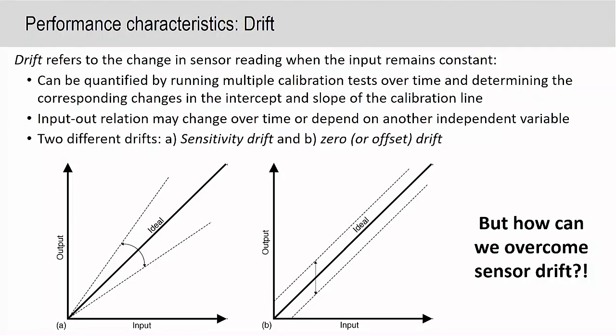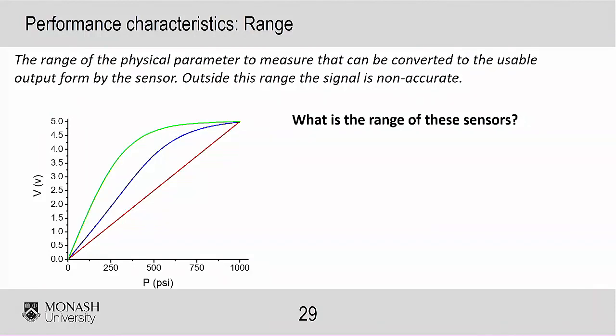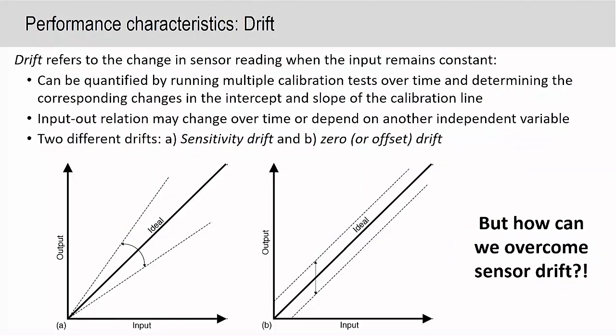To find out that time-varying transfer function, you have to calibrate it over time, and then apply that. And you would have to hope that all of the sensors are fairly consistent with their drift. It's not always something that we can overcome either.